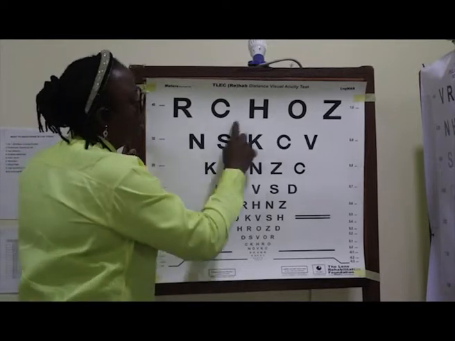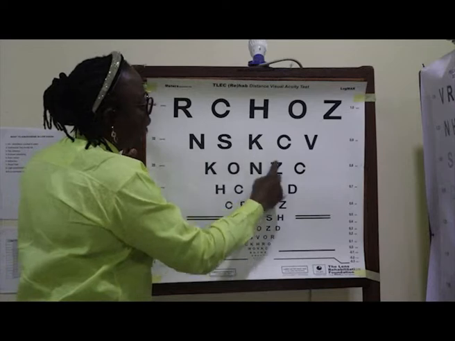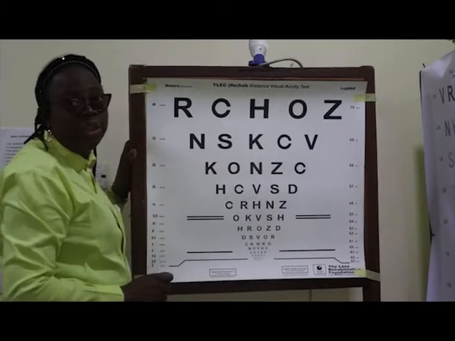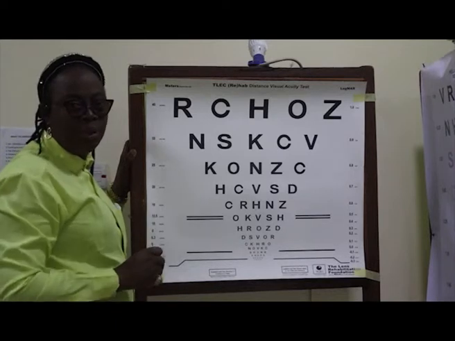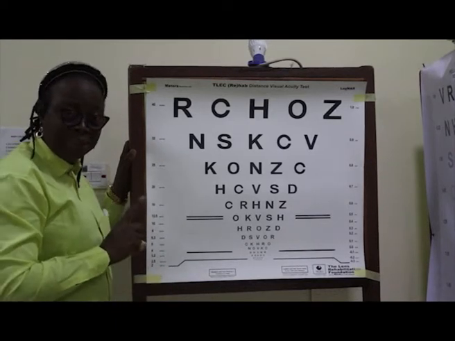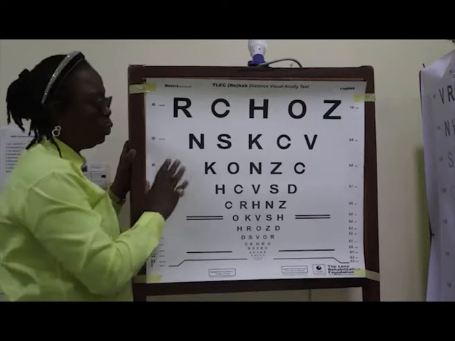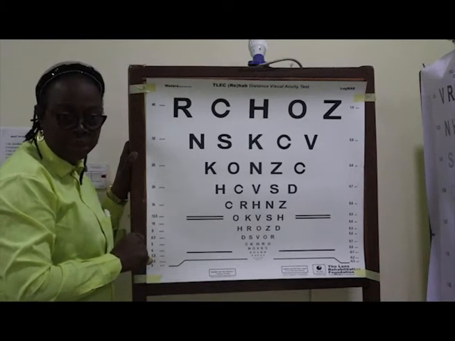So when you use the subtraction method and the addition method, it should give you the same value. You can use that to compare your findings, so that you are sure you are completely correct in terms of writing down the LOGMAR value of that patient's visual acuity.